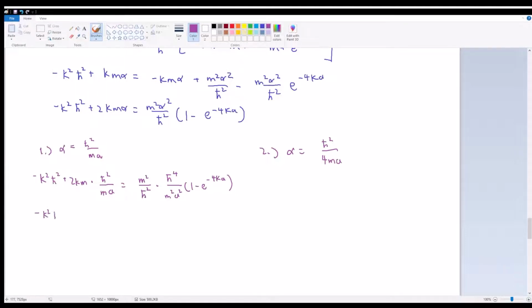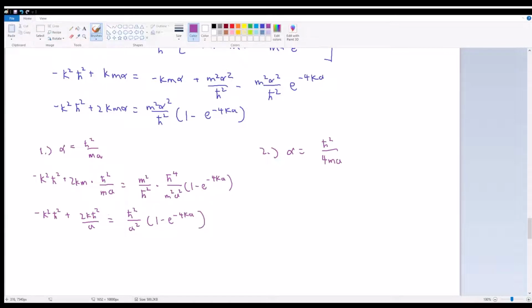Negative k squared h bar squared plus, the m's cancel, so we have 2k h bar squared over a. Is that correct? 2k h bar squared over a, yeah. And then the m squareds cancel, h bar squared cancels h bar 4th, h bar squared over a squared, multiplied by 1 minus e to the negative 4ka.